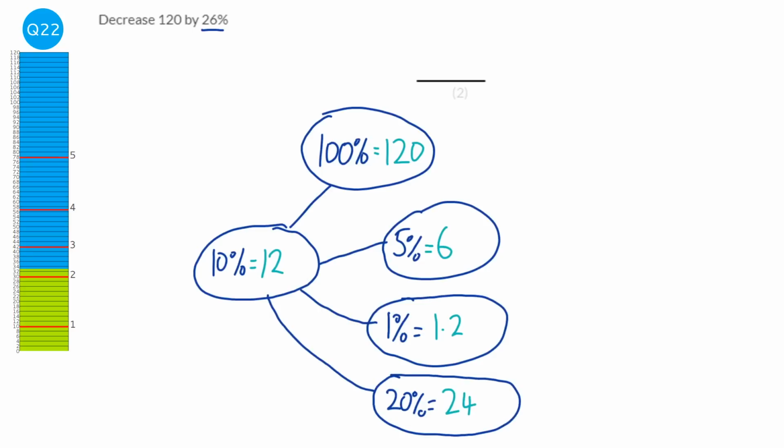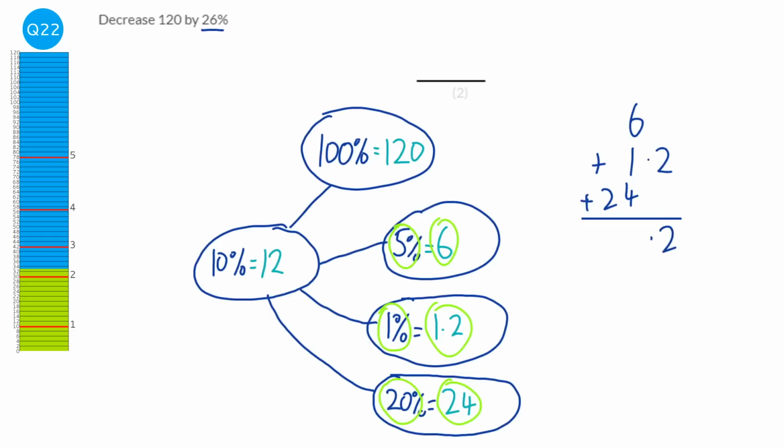So to work out 26%, we need to add these together. So we're going to add these numbers here together. Okay, so we've got a 6, a 1.2, and a 24. And we're adding them together. And that would be 11, so carry the 1, and that would be 3.